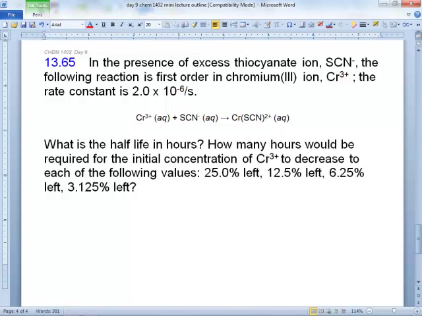See if you can figure out this one. If you're not sure, just ask.